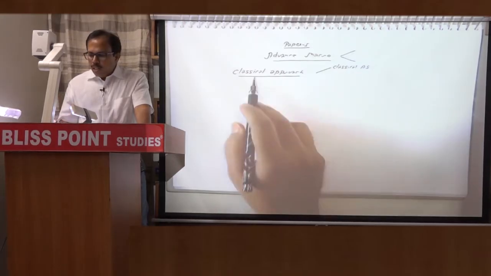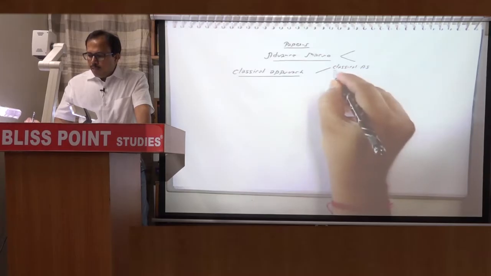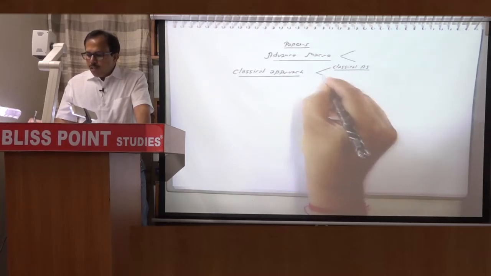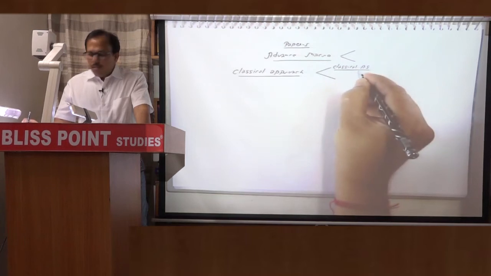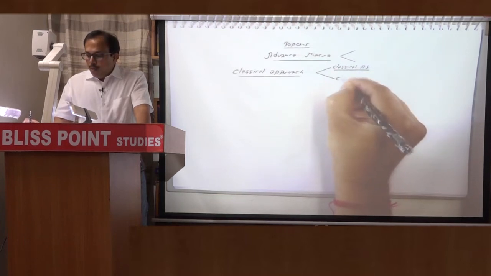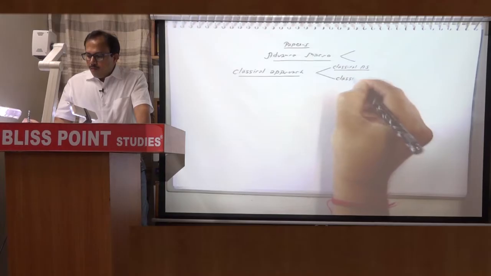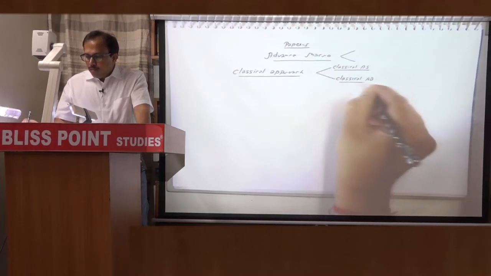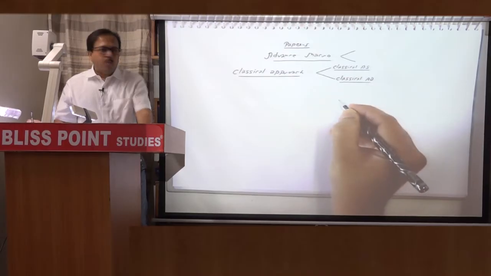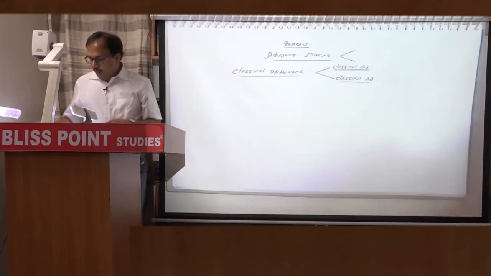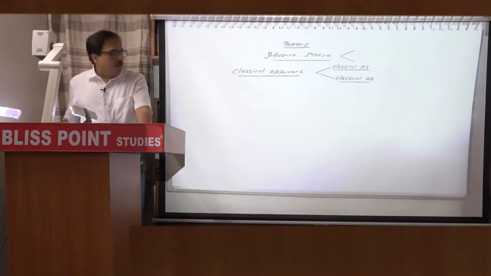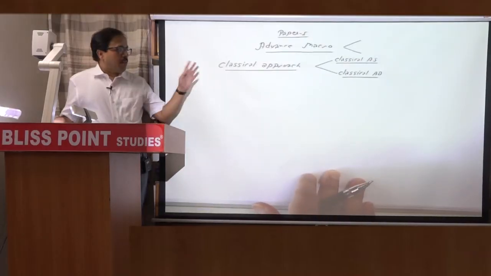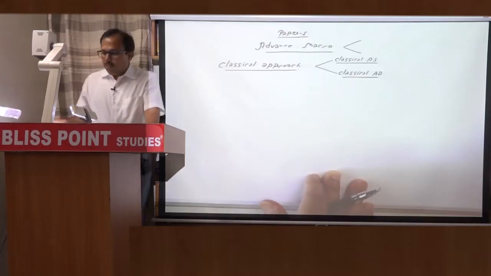So in the classical approach we have to derive first of all the classical aggregate supply, that we will discuss in the first class. Then we will be deriving classical aggregate demand. So AS and AD will be two important tools. Aggregate supply and aggregate demand will be two important tools here. So we have to derive the aggregate supply curve first, then the aggregate demand curve.